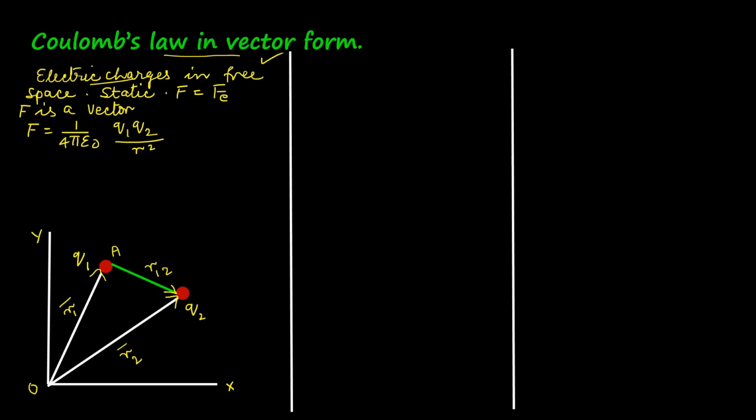Let the location of Q1 be equal to A and that of Q2 equal to B. OA is the position vector R1, that of Q1. OB is the position vector of Q2, marked as R2. The distance of Q2 from Q1 is AB, marked as position vector R12. That is, it is measured from A to B.